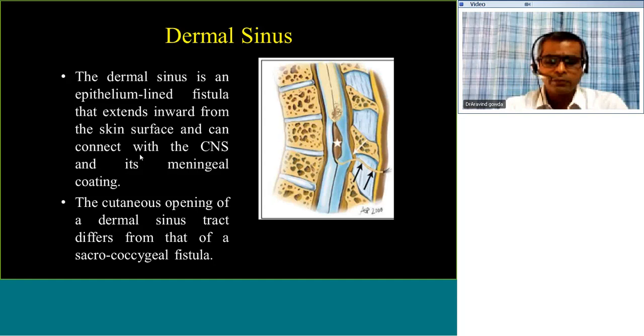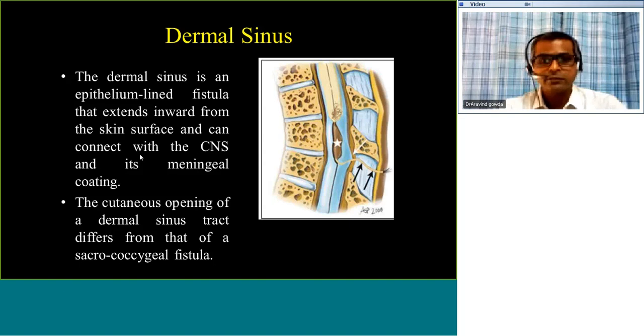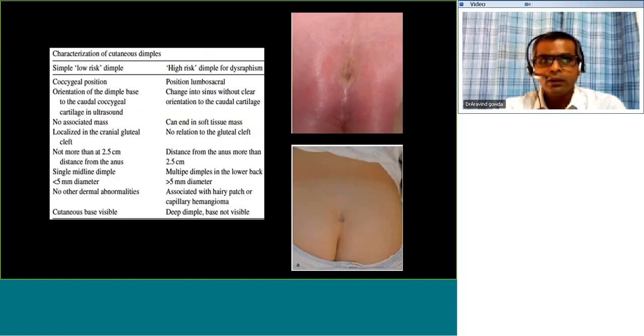So we should be very careful with any signal changes in the spinal cord, especially in childhood, when it is at the lower thoracic and lumbar level. In such scenarios, you have to look for the dermal sinus, because it may all be secondary to infection that has come through the dermal sinus and has led to the signal changes within the spinal cord.